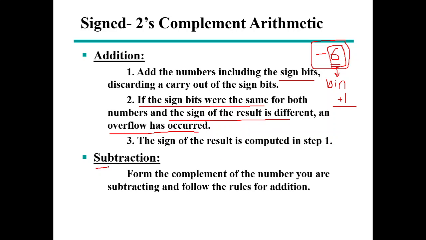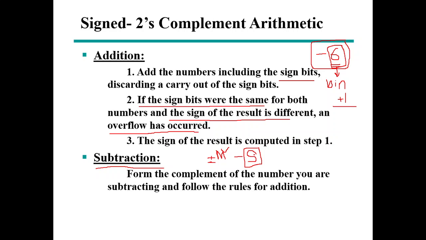Then subtraction. In subtraction, we have the minuend, which can be a signed number, and we have the subtrahend, which we are subtracting from it, and which can also be a signed number. What we need to do is take the complement of the subtrahend. If it is a negative number, we get its 2's complement and add it with the minuend.